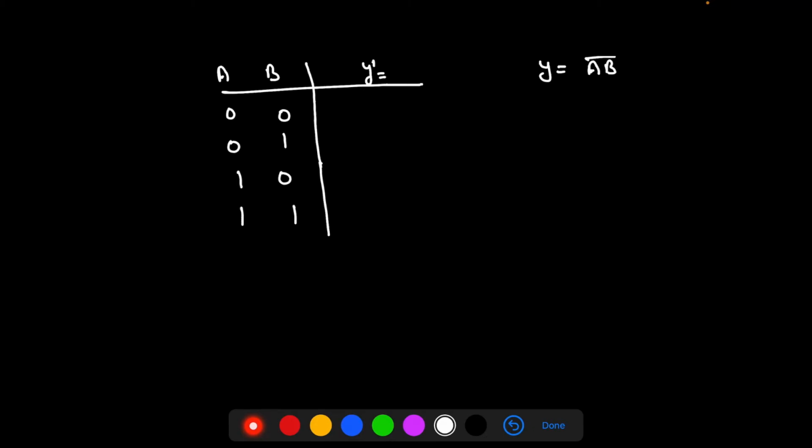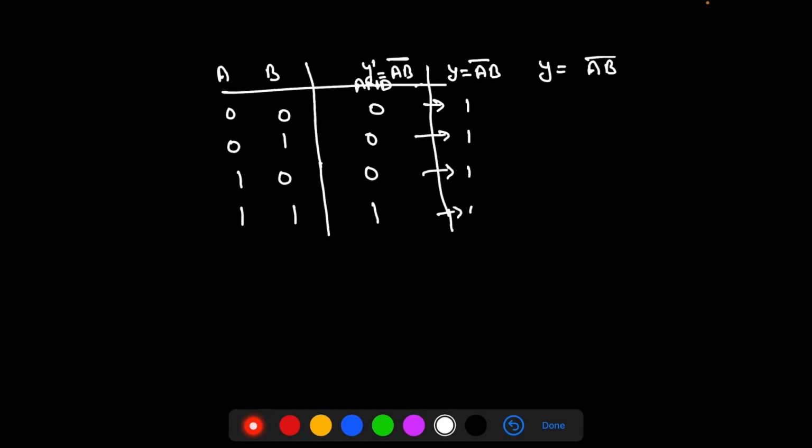If we consider y dash equal to AB, this is the AND gate output, which equals 1 only when both inputs equal 1, so the output will be 0 0 0 1. Then if we take the complement, 0 becomes 1, 0 becomes 1, 0 becomes 1, 1 becomes 0. So this is our truth table for the NAND gate.